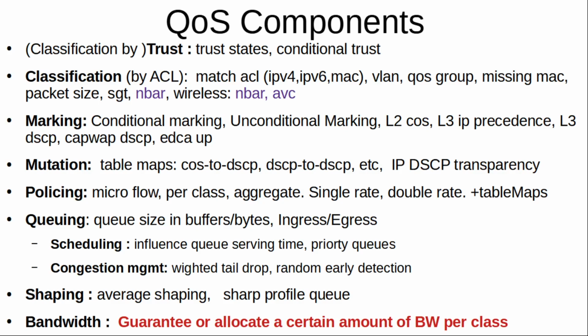And let's go for the last quality of service component, which is bandwidth. This means being able to guarantee or allocate a certain amount of bandwidth per class.